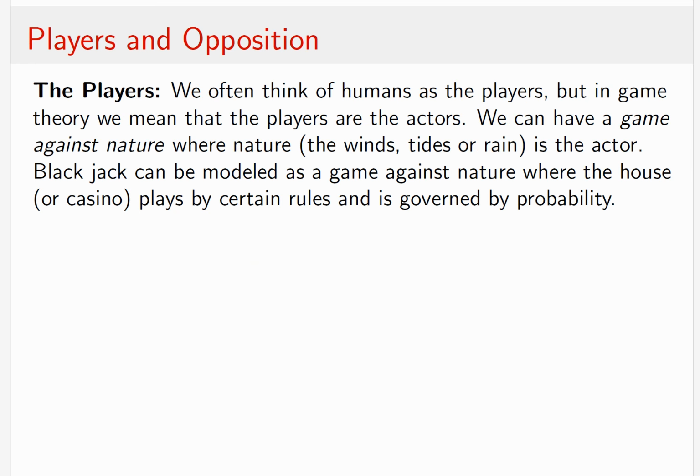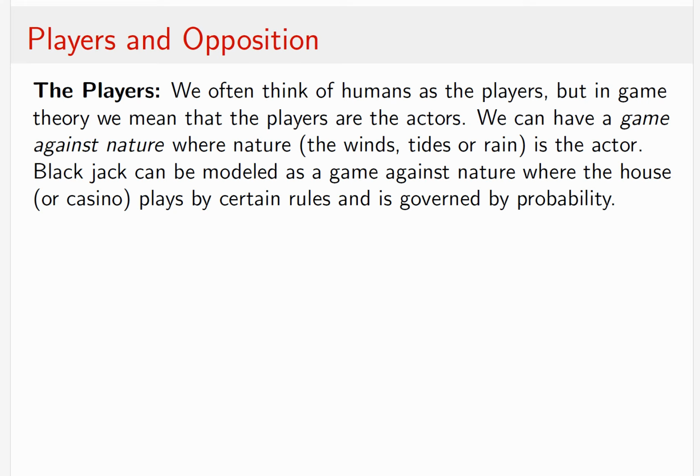So, the first thing I want to talk about is the players. With game theory, a lot of times we're thinking of human beings being the players, but it turns out that we just mean the actors, the beings that are acting. For example, nature. We can play a game where random chance plays a role. For example, blackjack.